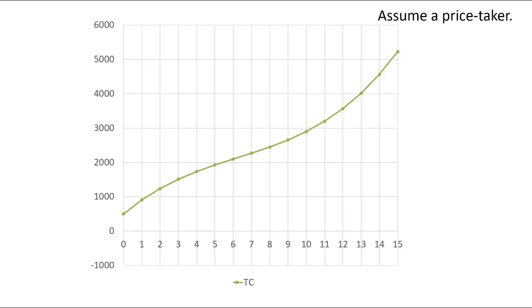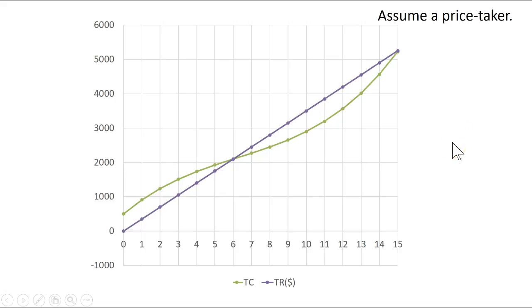In that case, you'll recall from a previous video that the total revenue curve, which will start at 0, when you sell nothing you make no revenue, will be linear, a straight line upwards.